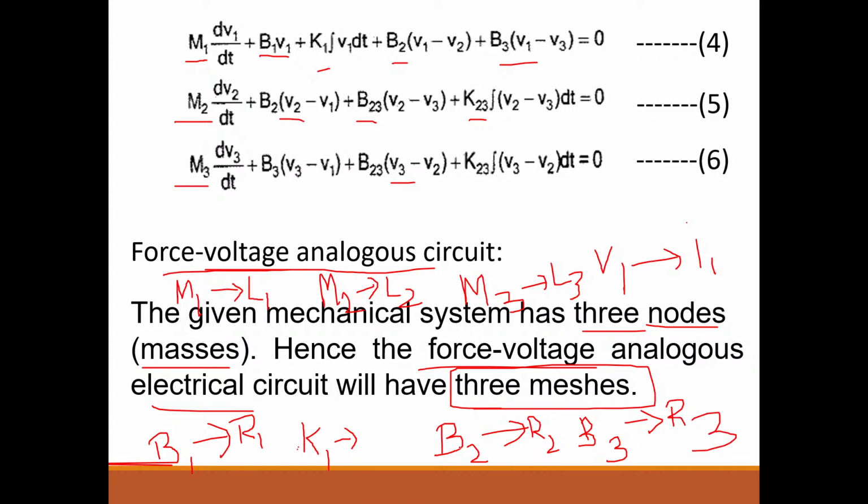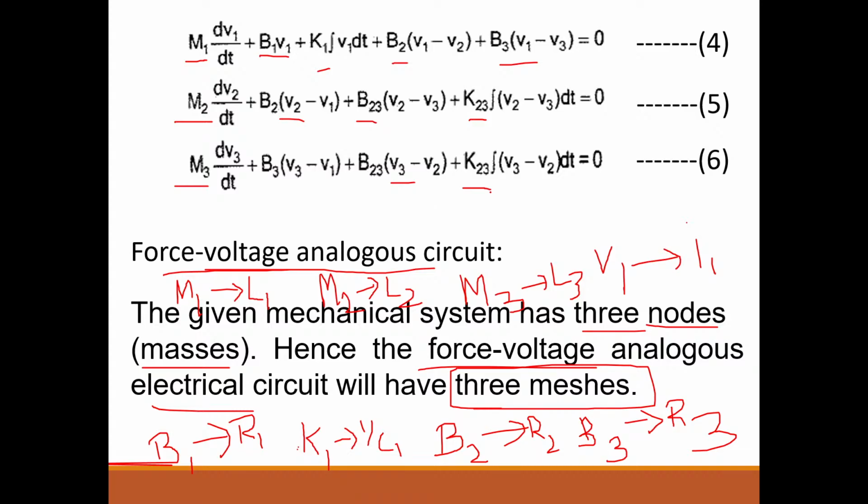And K1 is there. The analogous of K is 1 by C. So instead of K1, you can write 1 by C1. And instead of K23, you can write 1 by C23. Is there anything else?